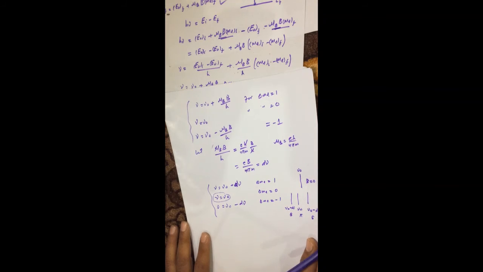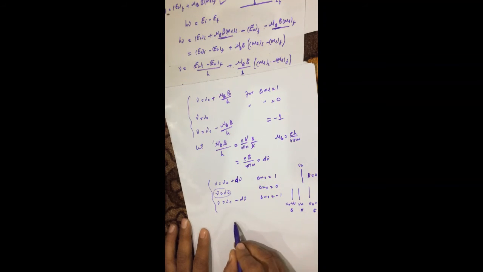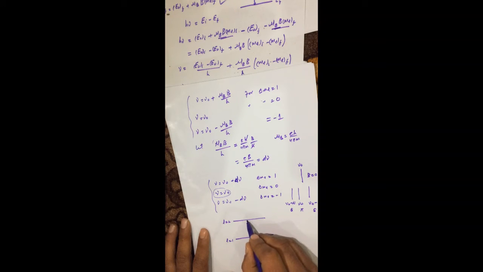Now consider two energy levels, one with L equal to 1 and one with L equal to 2. When an electron jumps from the higher energy level to the lower energy level, it emits radiation, and the radiation has energy h nu naught.